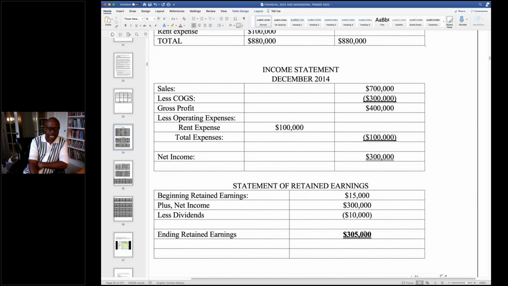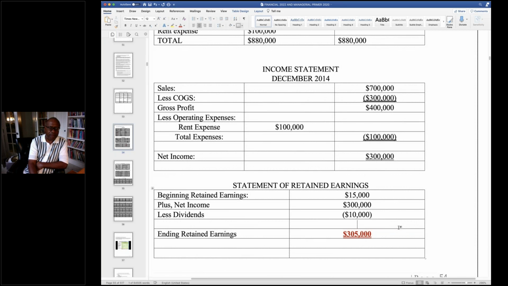And this is the retained earnings number that we eventually want to be on the balance sheet and in the T account. So when we finish our posting, we want 305.